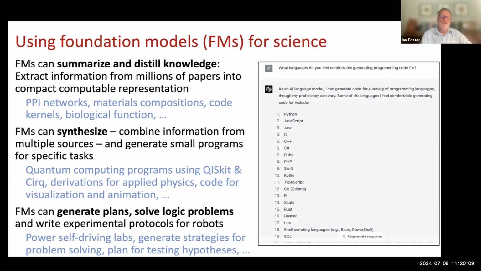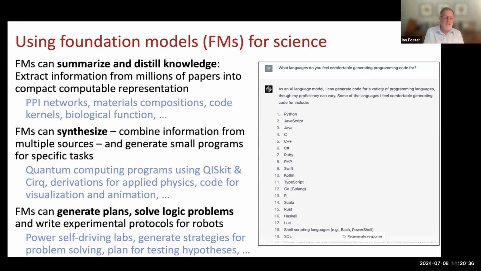You can use them to varying degrees to synthesize new knowledge. You might say, here's 2 papers, tell me what they have in common, or perhaps what results might be suggested by combining the methods from one and the methods of another. You can use them to write programs, as I'm sure many have tried, and with often remarkable success.